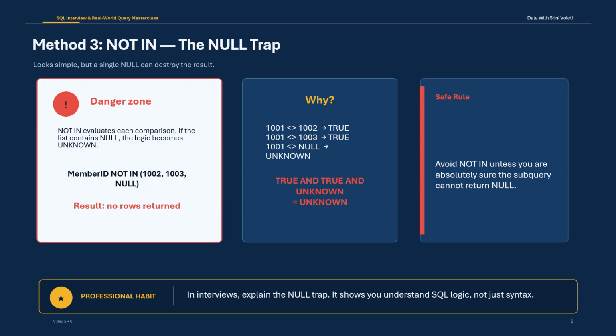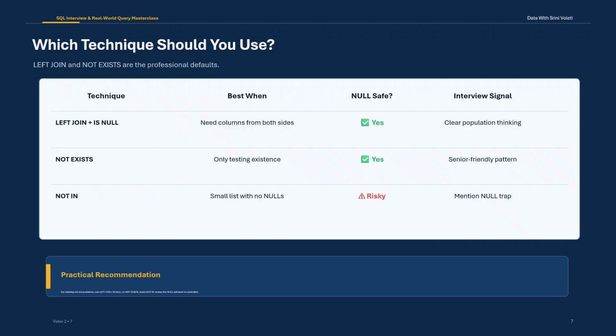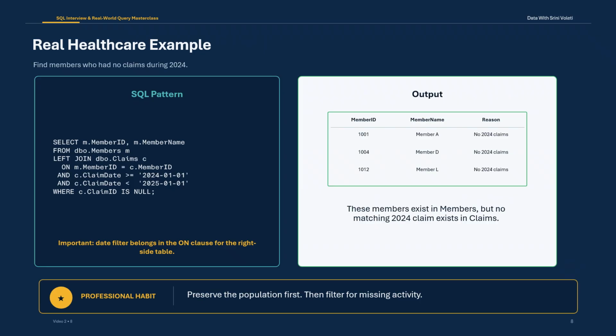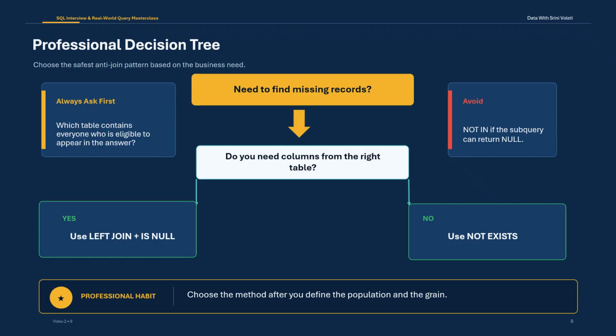Regardless of the method, always begin with the most important question: which table contains everyone eligible to appear in the answer? And remember the warning, avoid NOT IN when the subquery can return null. This is how senior developers choose an anti-join pattern. They do not start with syntax, they start with population, grain, and business need.